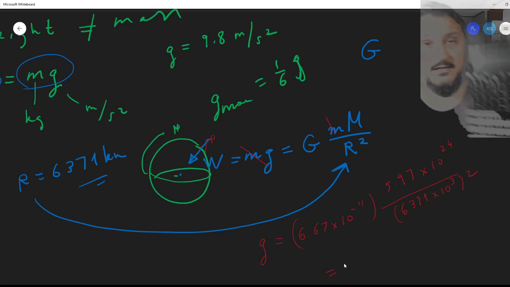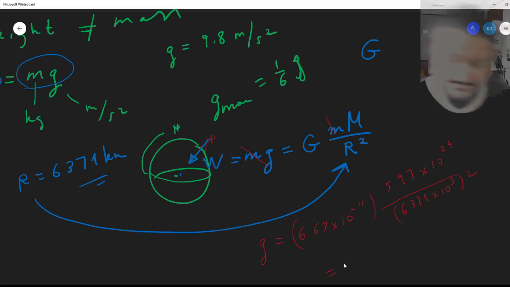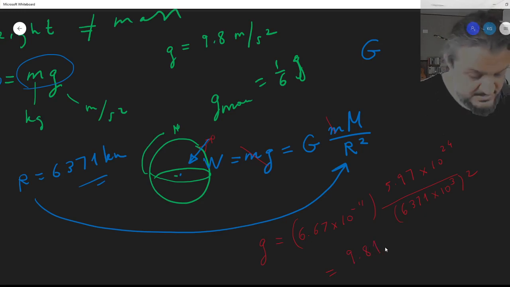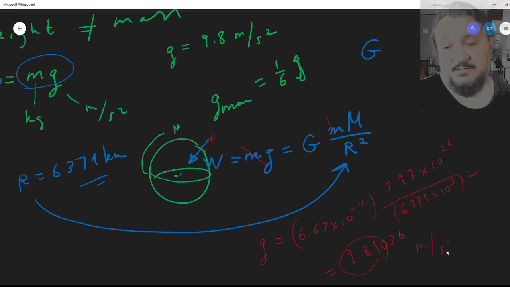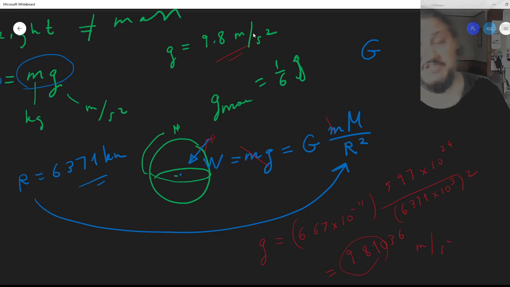Great. 9.81. 9.81036. Okay, you don't need to include all the digits, all right? You can cut it somewhere. 9.81 is enough meters per second squared, which was this value I told you earlier. Okay, that's how you find g on Earth.